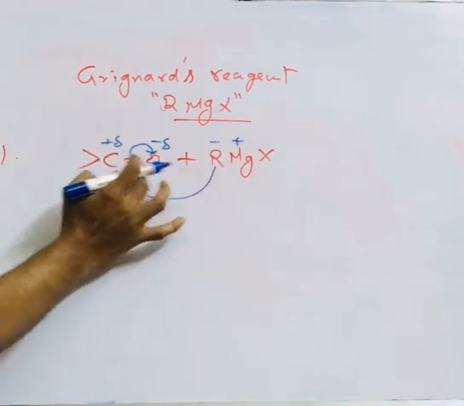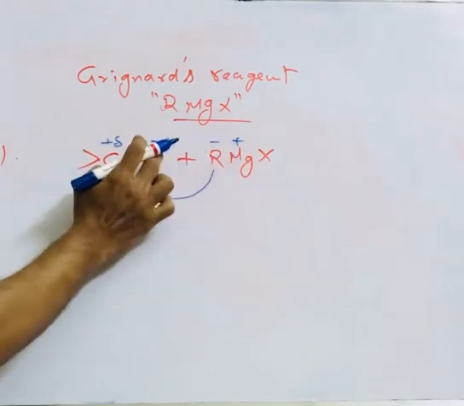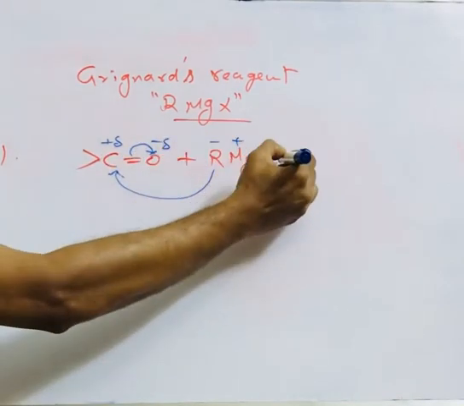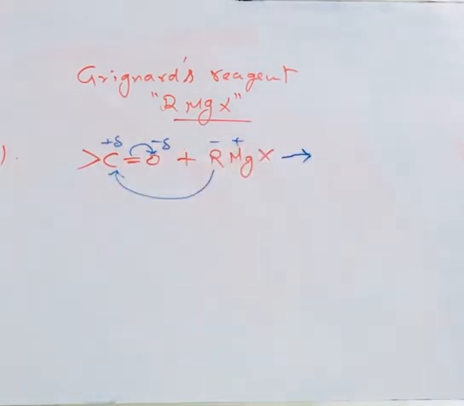So you are creating a new C-C bond, and O will get the other part. If you write this reaction, what will happen?